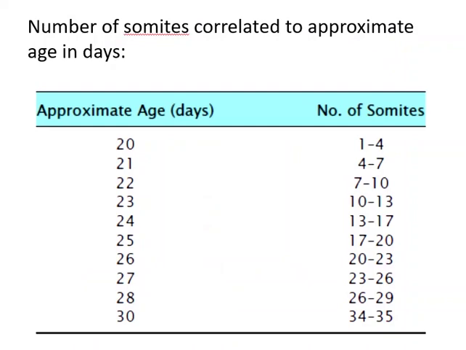The number of somites that appear in the fetus with approximate age is formally used to identify or estimate the age of the embryo.